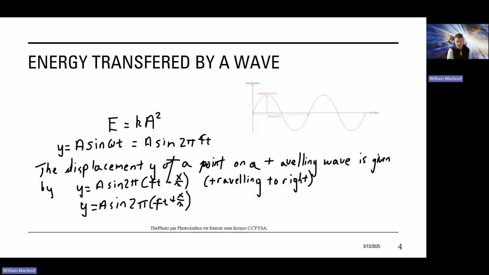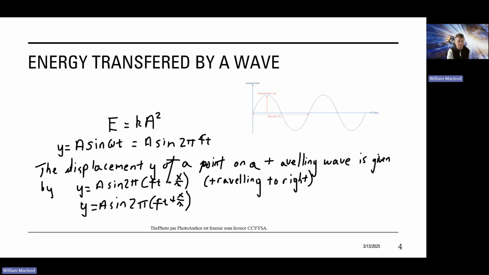We've mentioned that waves transfer energy, and the general relationship is energy is equal to k, a constant, times the amplitude squared. And down at the bottom of the slide, we can see a number of equations which are used extensively in Advanced Higher and A-level physics.